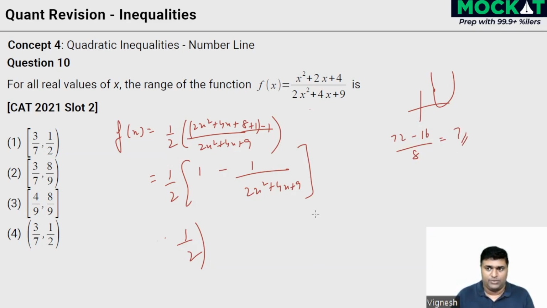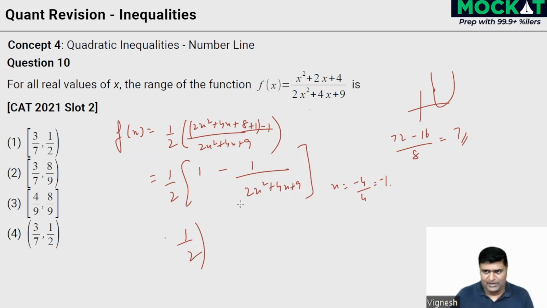Or you can apply x equals minus b by 2a, that's where it becomes minimum, and we get minus 1. Plug in x equals minus 1, you get 2 minus 4 plus 9, which is 11 minus 4, and that becomes a plus 7 as well, right? Either way, we get the same.